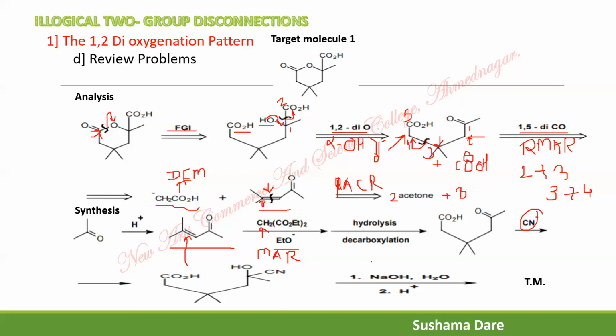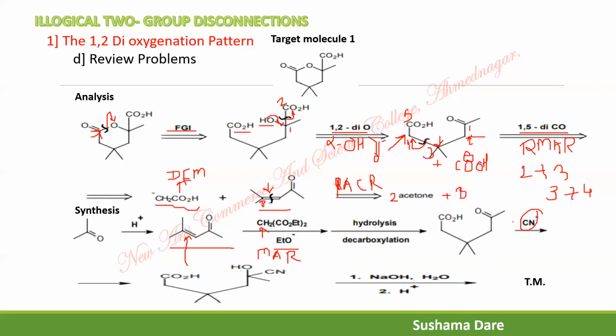After the Michael addition reaction, the product is hydrolyzed and decarboxylated. The two COOEt groups are there. Hydrolysis converts them to COOH groups, and then by decarboxylation, one of the COOH groups is removed as carbon dioxide.